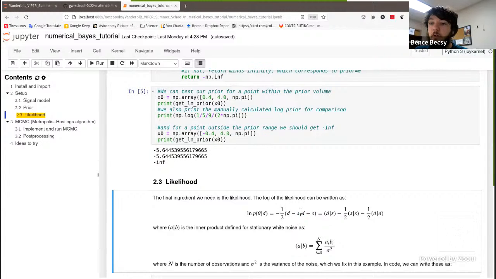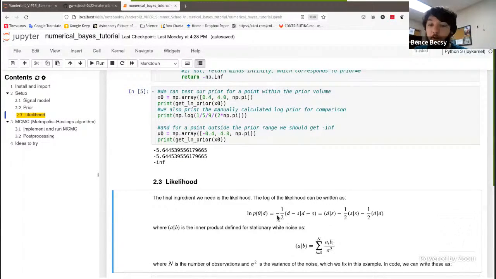That should be an estimate of your noise. If you take this inner product between that data minus signal and itself, take a -1/2, that should give you the log likelihood.